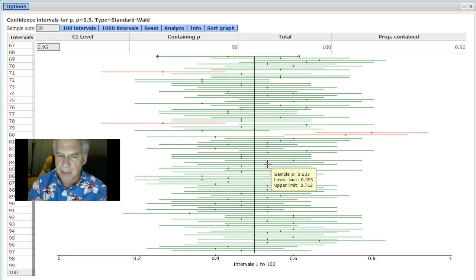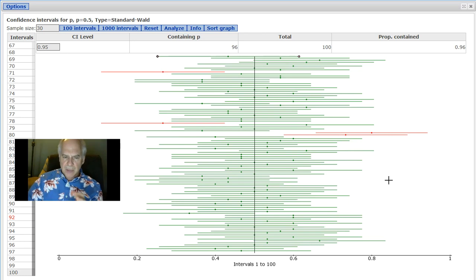And you notice that 0.5 is inside between the lower and the upper limits. And so that confidence interval contains the population proportion. But these two here that are red, and this one, all the ones that are red did not. So in this case, we had 4 out of 100, or 4%.